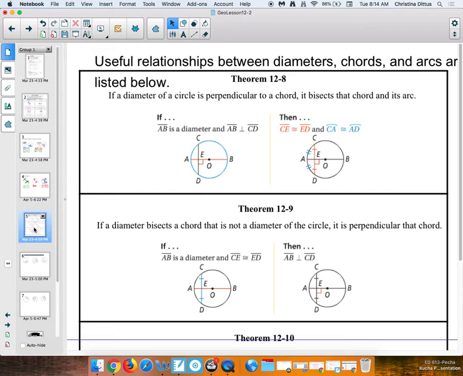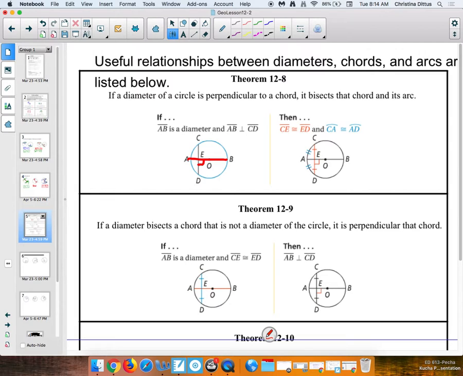Okay, so again, these are just little theorems that tell you if you have something, you have something else. So for this one, it says if you have a diameter, we all know what a diameter is, right? And you have a right angle. Okay? With me so far?